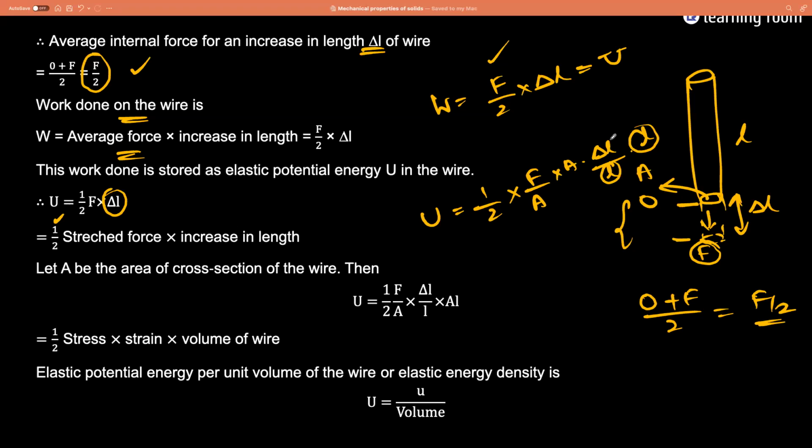Area and length. So it is half into F by A into delta L by L into A into L.